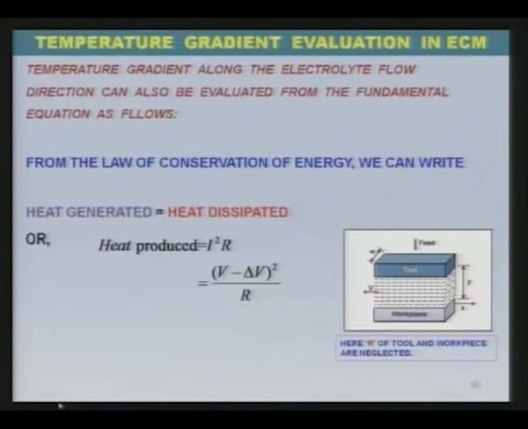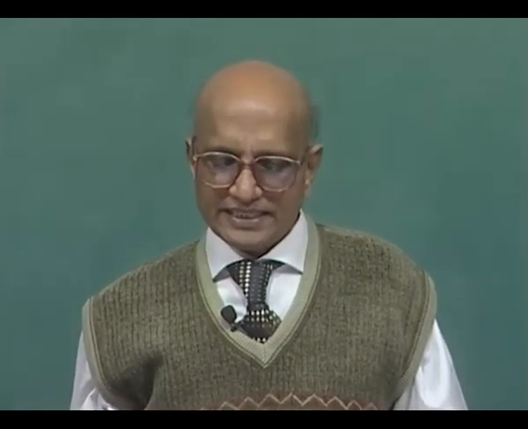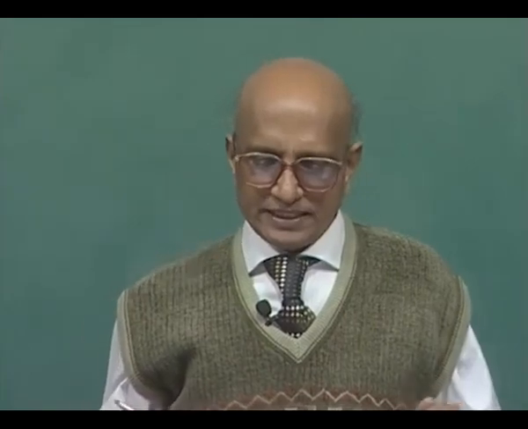Now, important point here is that R of tool and workpiece are neglected. It is assumed that the conductivity of the tool material and workpiece material are very high, so that the electrical resistance of the tool and workpiece are negligible.